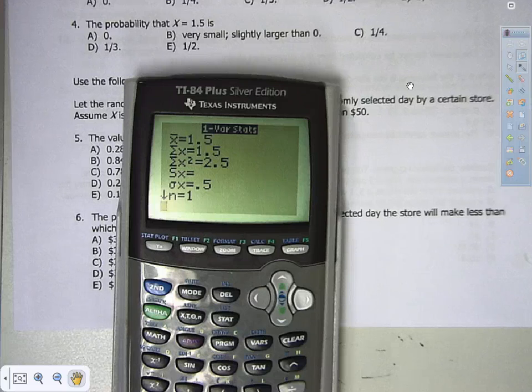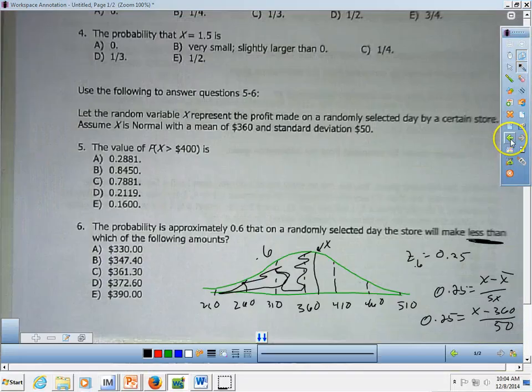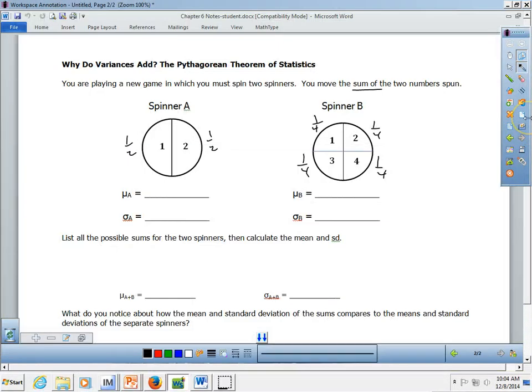So the mean is 1.5, and the standard deviation is 0.5. Okay? So the mean was 1.5, the standard deviation was 0.5.